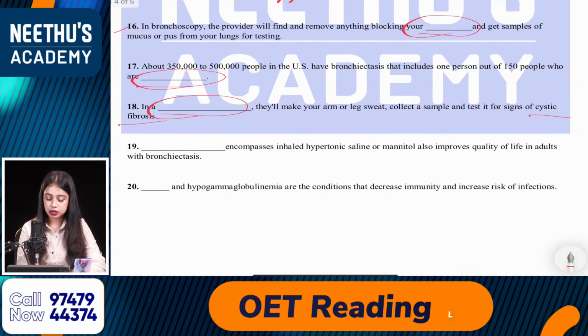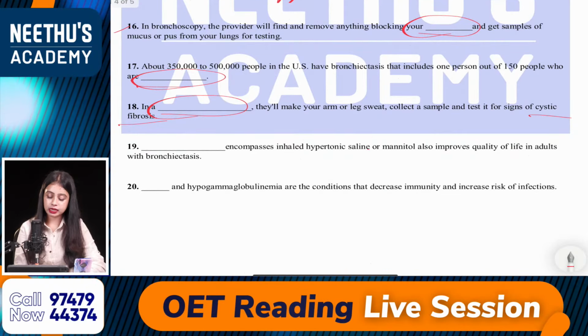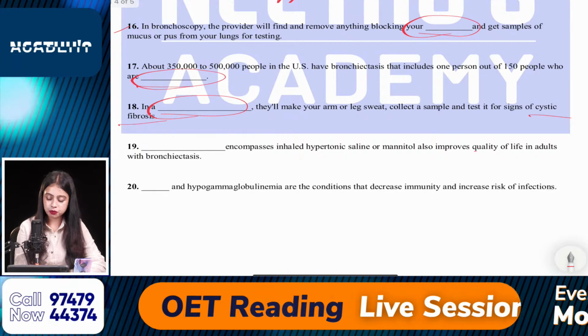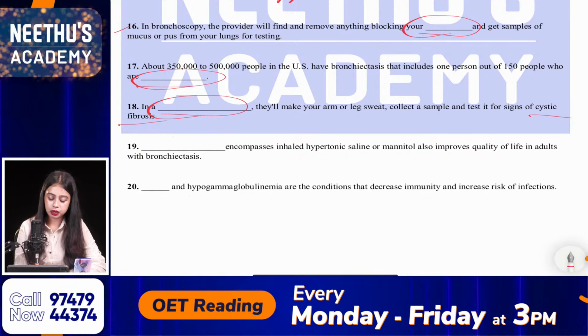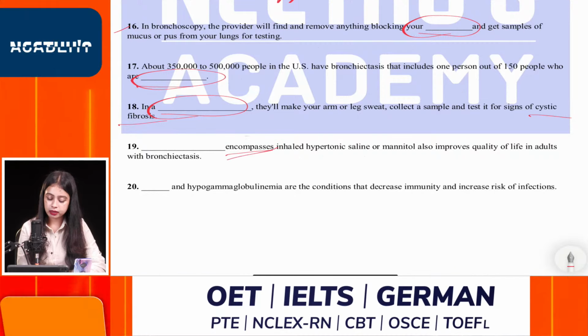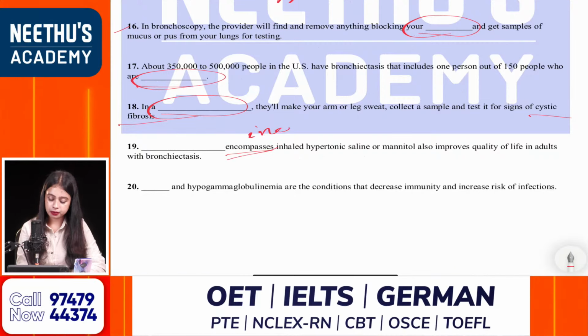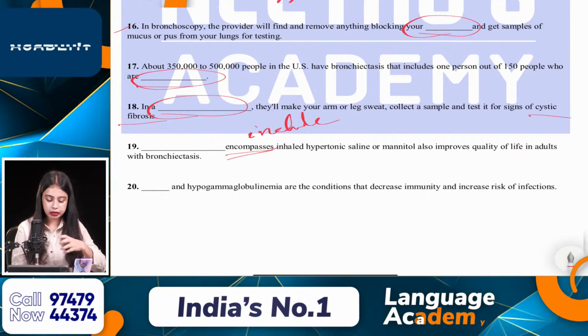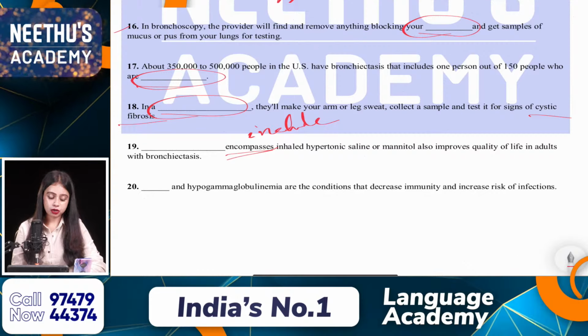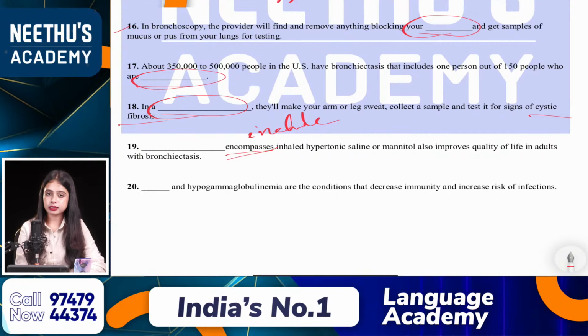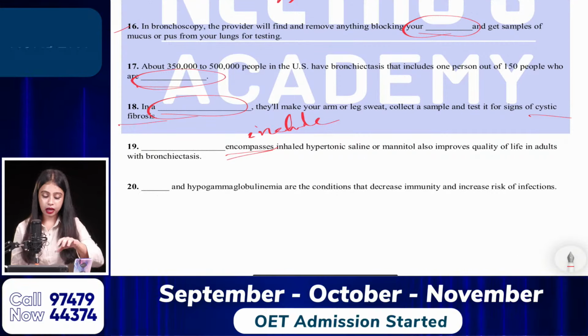19th one: dash encompasses inhaled hypertonic saline or mannitol, also improves quality of life in adults with bronchitis. So what encompasses? What does encompass mean? Incorporate or include. Okay, simply I can say include. So what encompasses? Very good. Yes, Vaishnavi, correct answer. Okay, airway hydration.